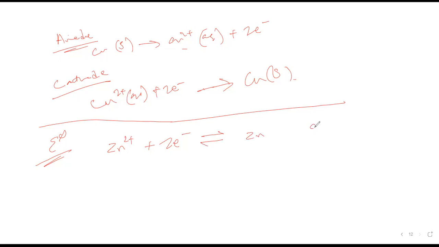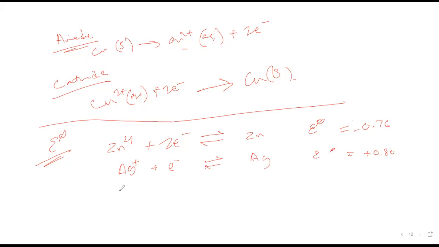The electrode potential value of zinc is negative 0.76 volt, and for silver, using the data booklet, you can obviously see, I'm just taking the values from the data booklet, it is positive 0.80 volt.